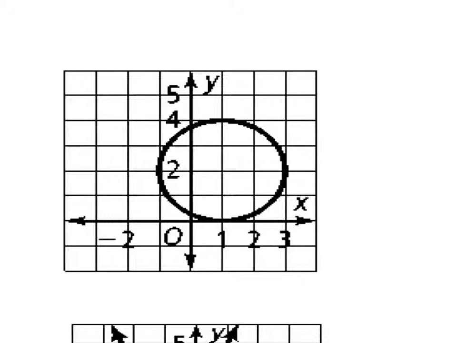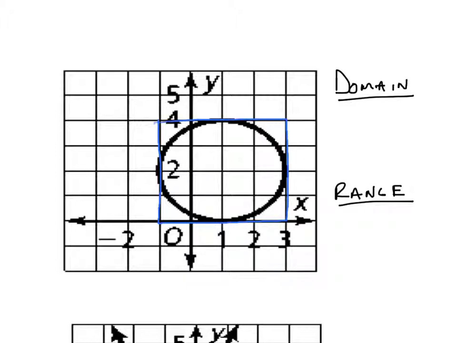Okay, so let's take a look here at this one now, and let's figure out our domain and our range. Now I'm going to draw a box around this, but I'm not going to cover it up this time. So I'm just going to draw, in this case, I'll put it as blue, the blue box around my shape here, because this is going to help me.